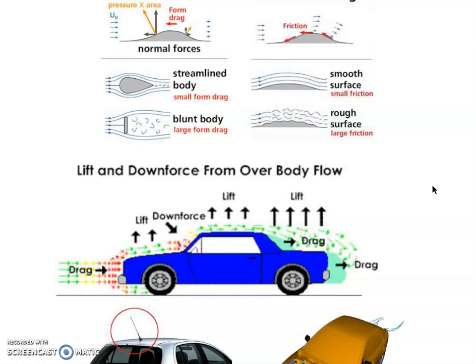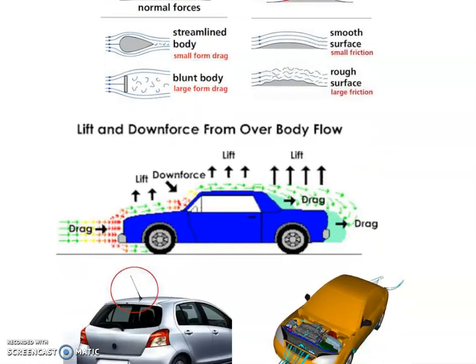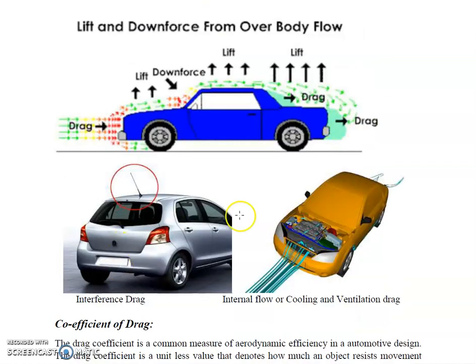So the summation of these three drags equals 71%. Next is interference drag. It is about 17% of the total drag. And then there is interference of internal flow.